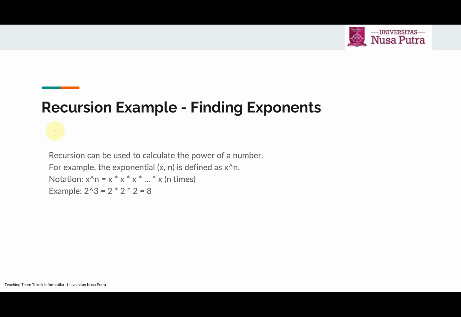Next is recursion for finding exponents. You are familiar with exponents from before. Recursion can be used to calculate the power of numbers. For example, the exponential x to the n is defined as x exponent n.